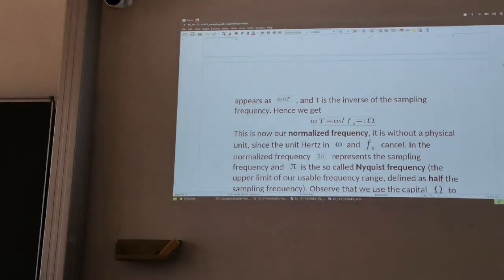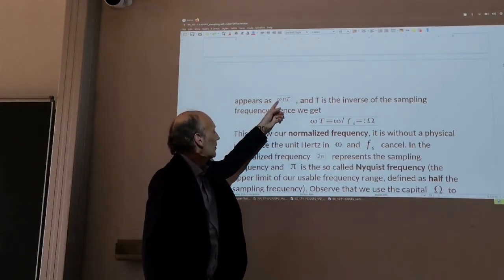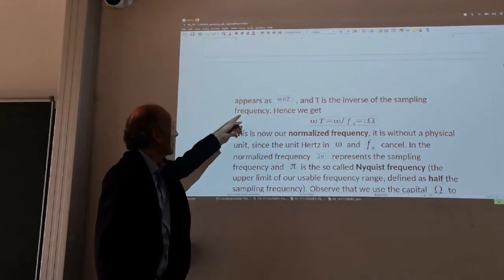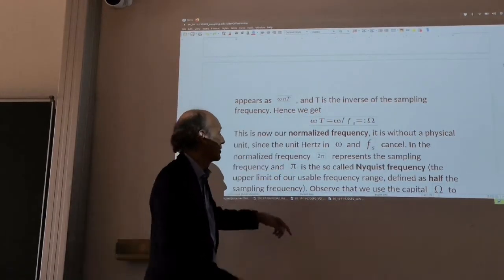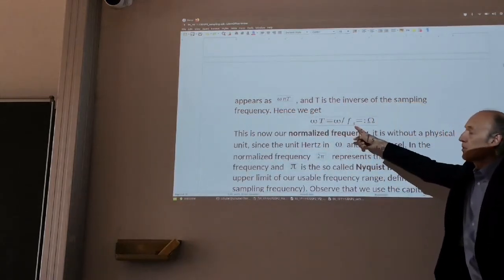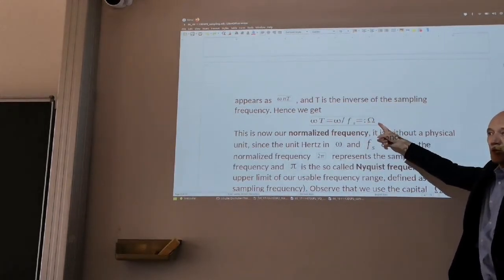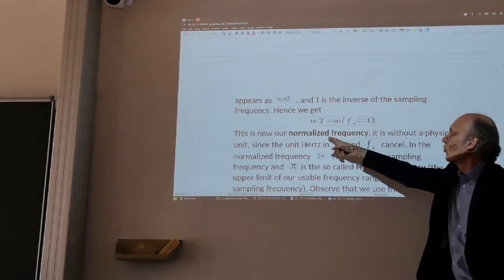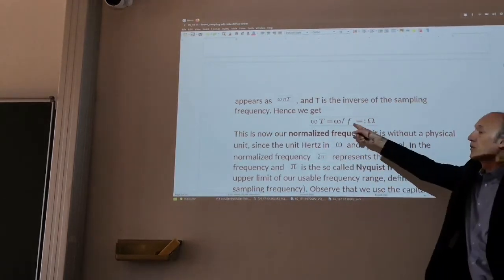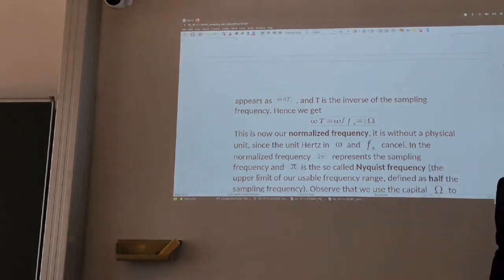The exponent appears as omega times T, and T is the inverse of the sampling frequency. Hence we get that omega T is identical to omega divided by the sampling frequency, and we can give this a letter, capital omega. This is called our normalized frequency. Right? Normalized because we divide by the sampling frequency. It's normalized to the sampling frequency.